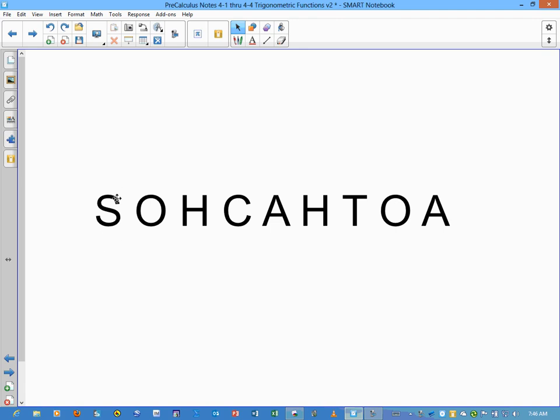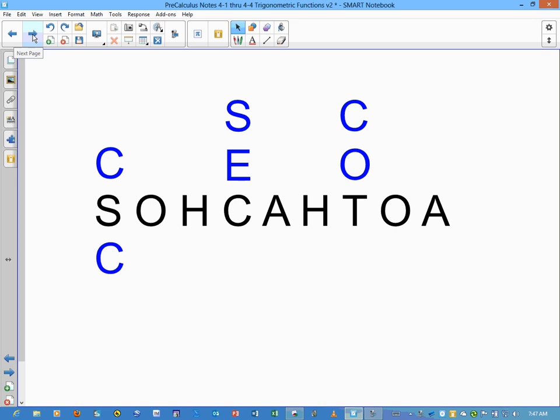They said, since this S was sine, you can put the letters CSC there, so that sine and cosecant are reciprocals. Likewise, secant and cosine are reciprocals, and tangent and cotangent are reciprocals. I thought that was a pretty neat way to remember that, so if you want to use that, go right ahead. Now for the quotient identities.